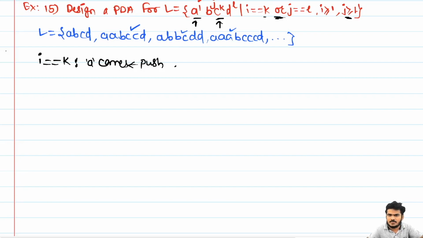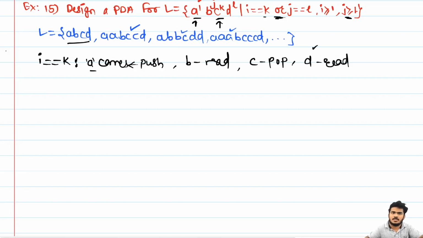Whenever b comes, we will just read those b's, and whenever c comes, we will start the pop operation, and by doing the pop operation we will compare each c with each a. And when we are at the d's, we have to just read those d's. And remember one thing, we are getting at least one d in the language, meaning the minimum length string we are getting is abcd only.